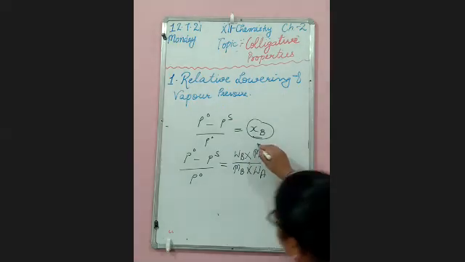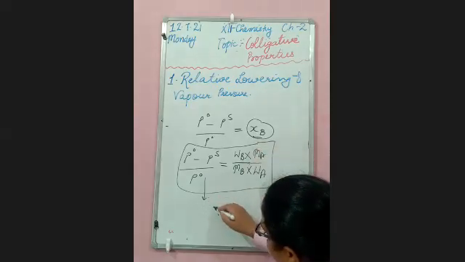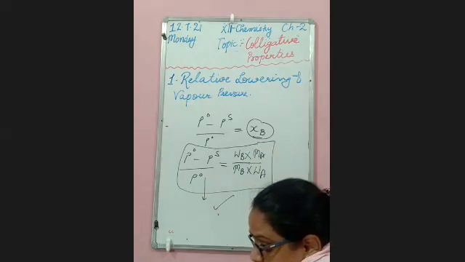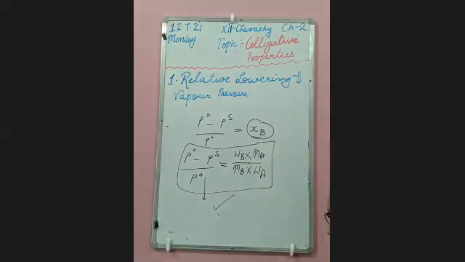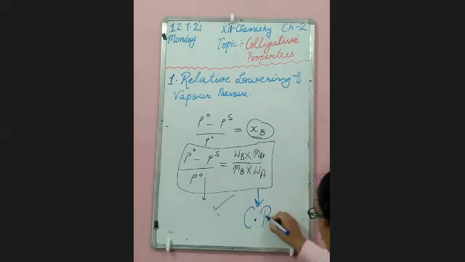So, as you can see, this property depends upon the number of moles of a particular component and does not depend upon the nature of solute or solvent. That's why it is considered a colligative property. I'm writing it as CP.